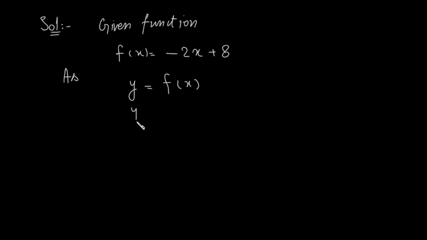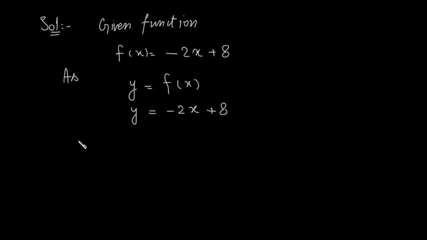So here y is equals to negative 2 times x plus 8. So you can see here y as a subject in this statement. So here we have to find the value of x as a subject.